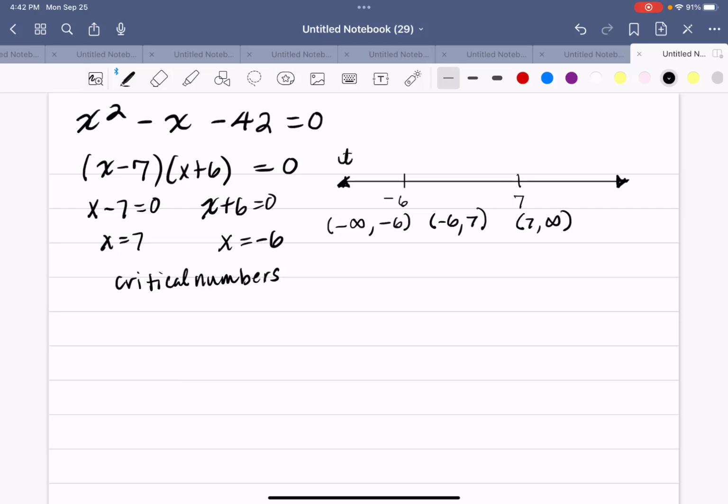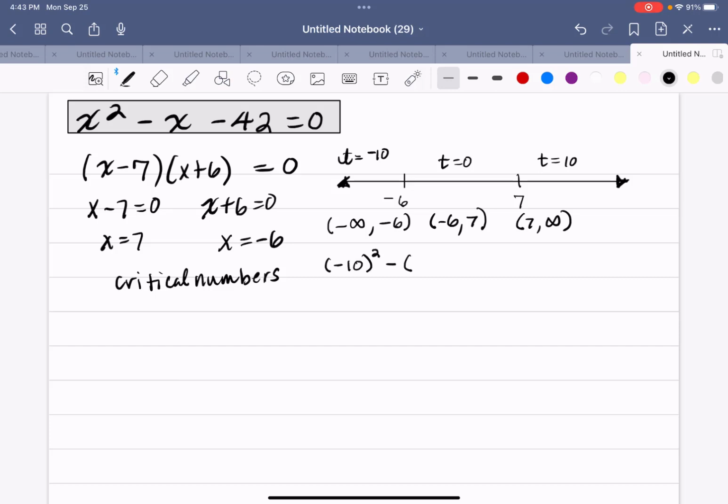So I'll pick t is negative 10 for the first interval, t is 0 for the second interval, and t is 10 for the interval on the right, and I've got to test them in this derivative. So whenever I put in a negative number, I need to put parentheses around it. So negative 10 squared minus negative 10 minus 42.